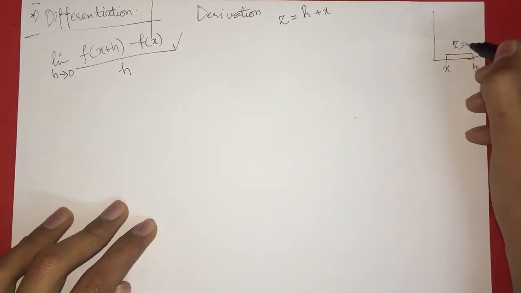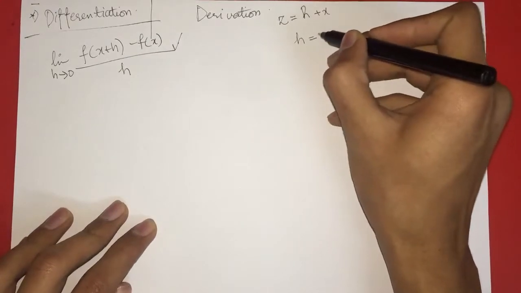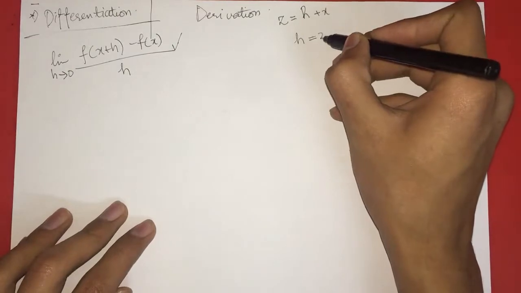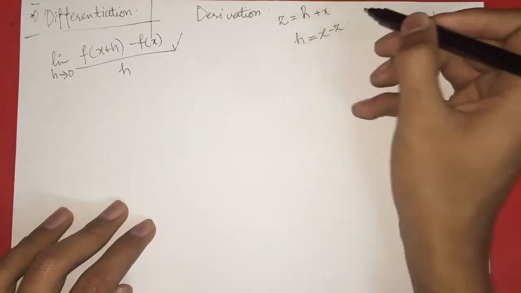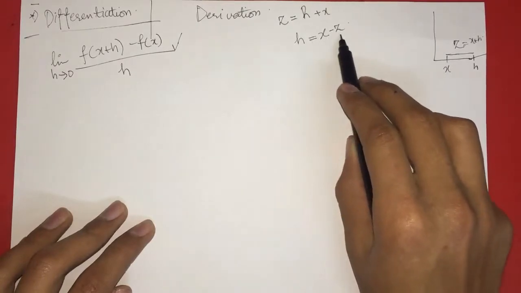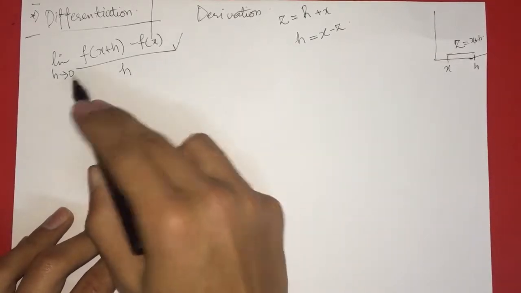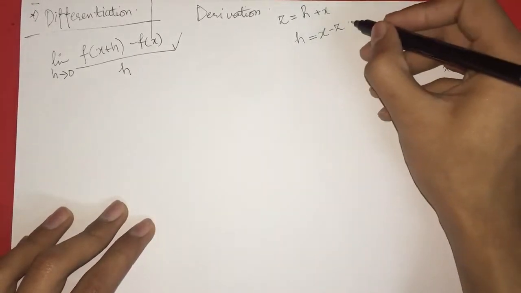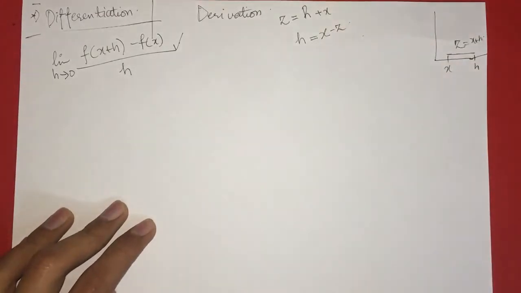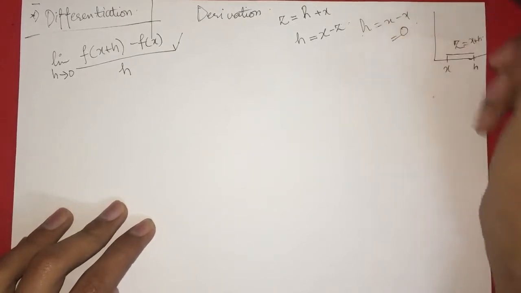So z equals x plus h, and h will be equal to x minus z. The only way h is going to approach 0 is when z approaches x. If z approaches x, then h equals x minus x, and it will be 0.